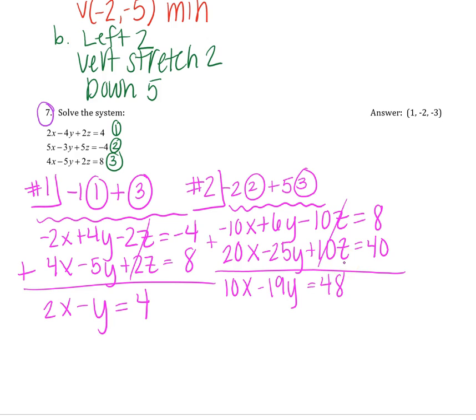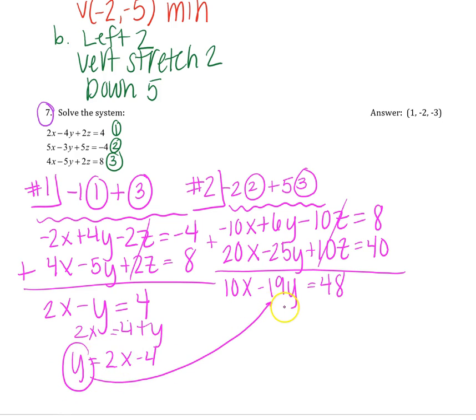Okay? Then I have two equations here. They're each in terms of x and y. I'll probably just solve for y, because that's what's easiest for me here, I think, as a substitution. So if I move the y over, I really have 4 plus y is equal to 2x. So y must equal 2x minus 4. Then, wherever I see a y, I'm going to sub it in.